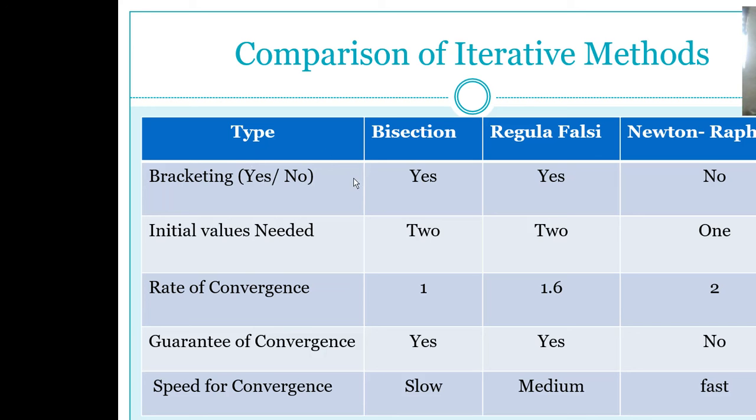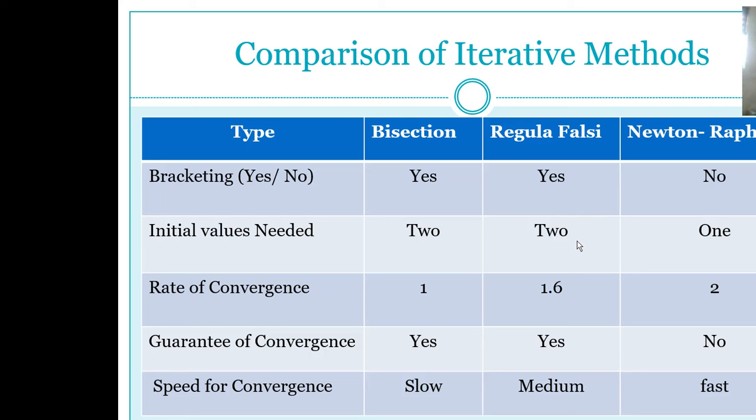For initial values needed, the bracketing methods always require two starting values, whereas an open-ended method can start with one value. The rate of convergence of the bisection method is only 1.